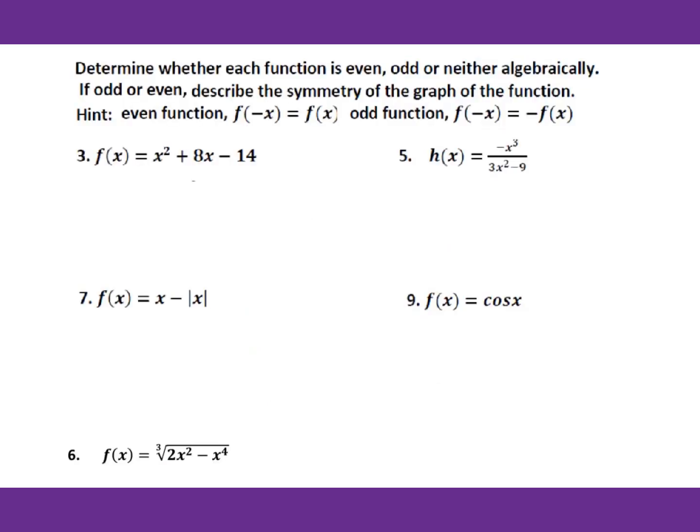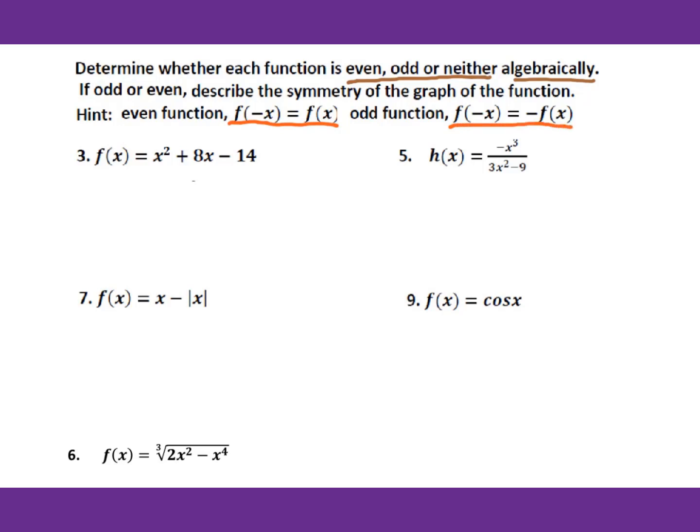Now look at some examples. Determine whether each function is even, odd, or neither algebraically. If odd or even, describe the symmetry of the graph of the function. Here is the hint. For an even function, you have this pattern. For an odd function, you have this pattern.